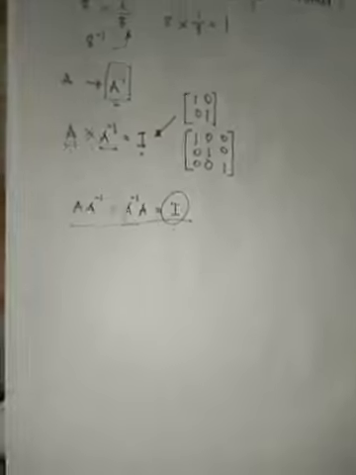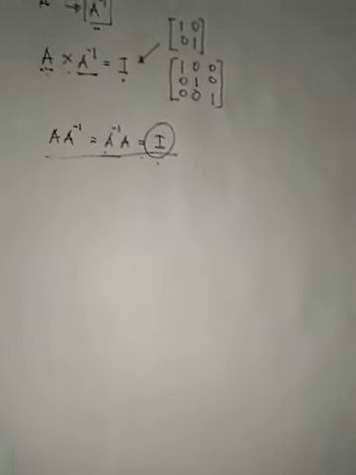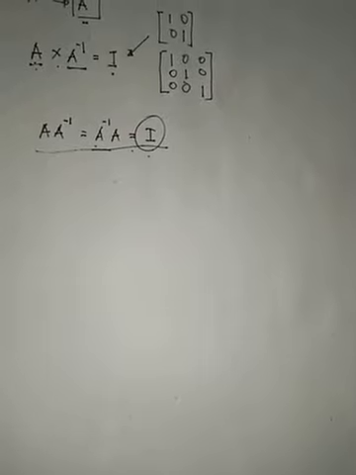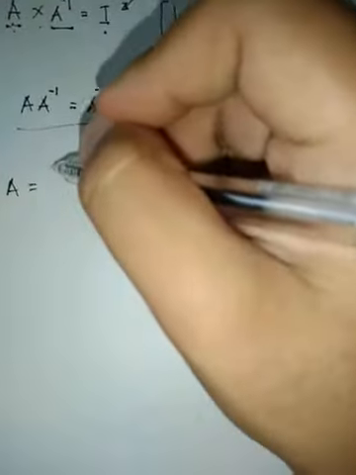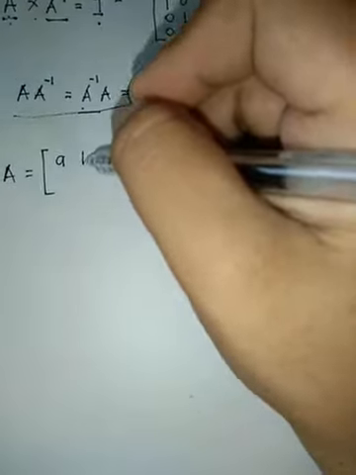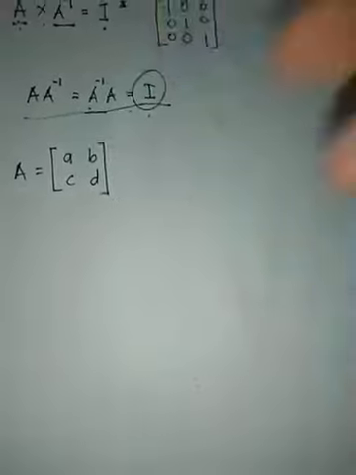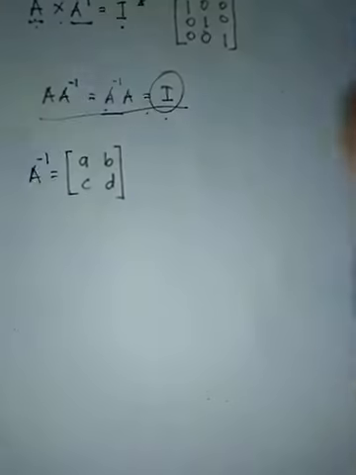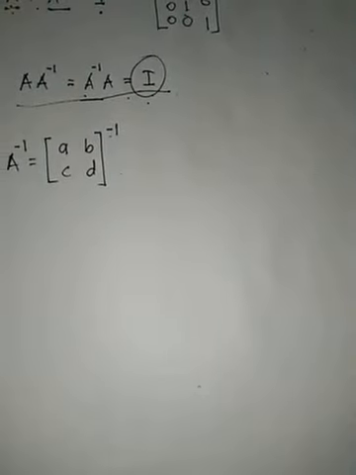Okay. Pag meron tayong 2 by 2 matrix, how are we able to calculate the inverse? For a 2 by 2 matrix, let's say we have matrix A with elements A, B, C, and D. This is the symbol, then of course meron tayong negative 1 sa taas.